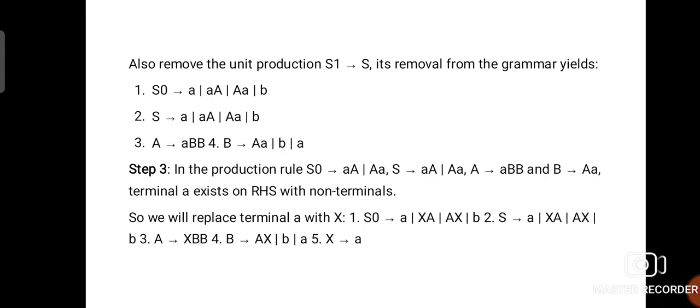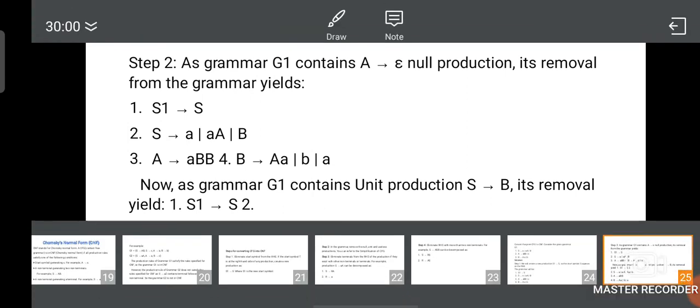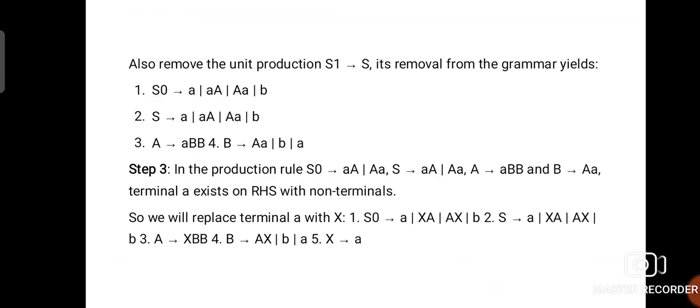That is, the value of B is AA, BA. So wherever B comes, we have to substitute this right hand side in the necessary places. So after this, the grammar will be rearranged into some other format. That is, the grammar productions will be varied.